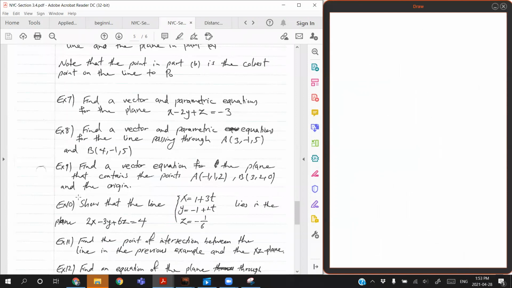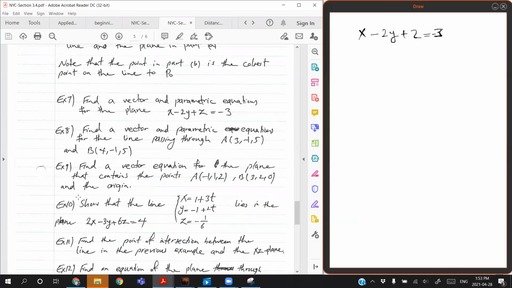Next example, find a vector and parametric equations for this plane. So if I give you the plane x minus 2y plus z equals negative 3, which is a point normal equation for a plane in R3, you should be able to find a vector equation or parametric equations for that. It's super easy.